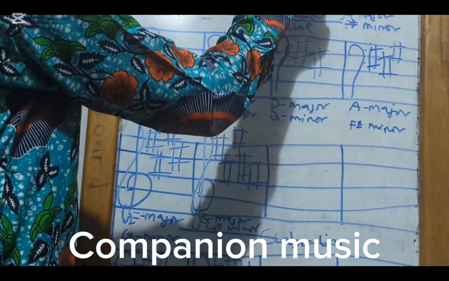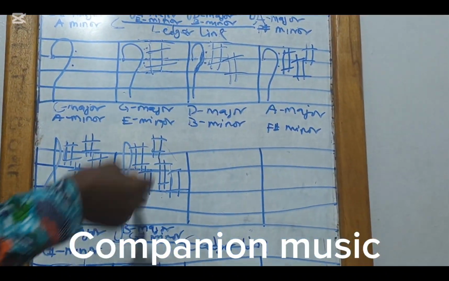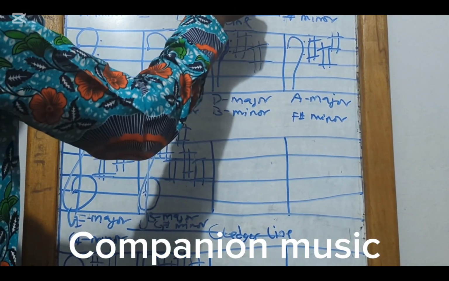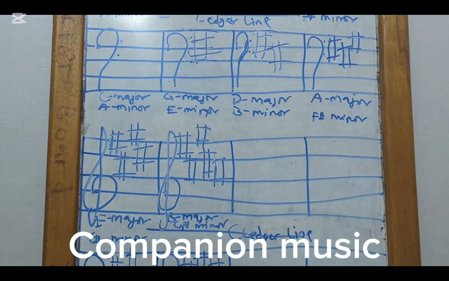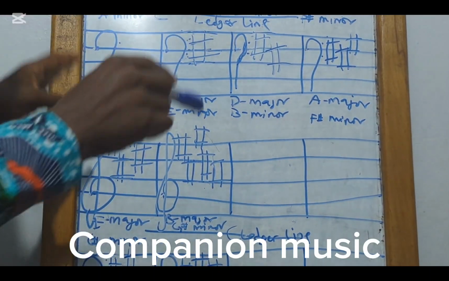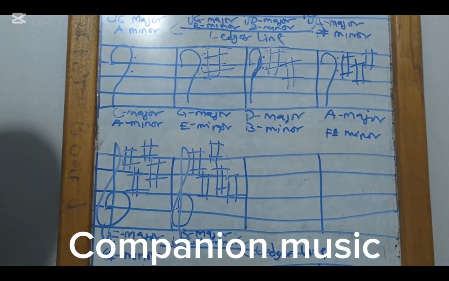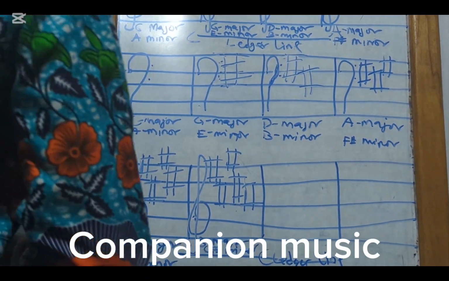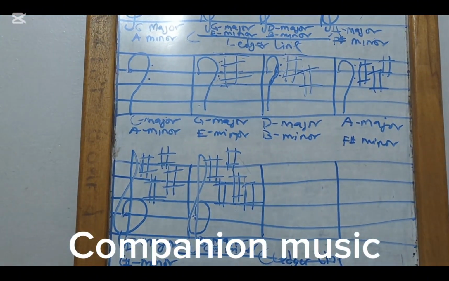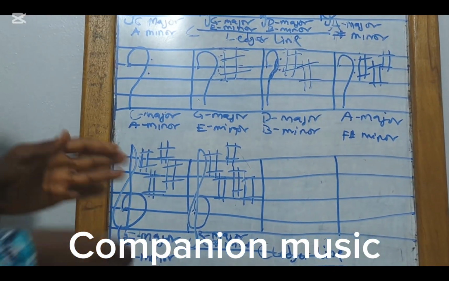If you look at this 2 sharps, which is D major, we place it on the last line and the second to the last space. So study it very well to know how to place it, because you can be asked in the exam to place all the keys on the staff, the right placement of the keys, either sharp or flat.